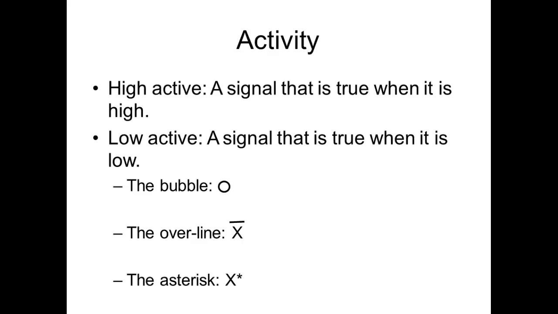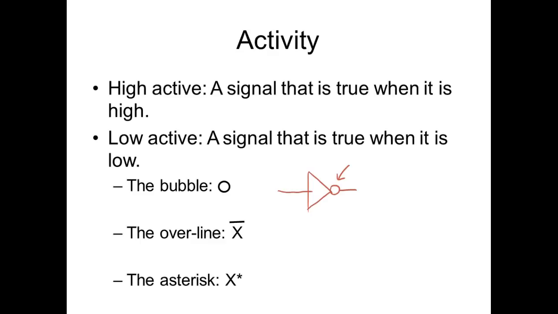On symbols, we use a bubble to represent a low active signal. So on our NOT gate, notice we have a bubble on the output. That means the input is true when it's high, and the output is true when it's low, right? Understand? So the bubble, to us, indicates a low active signal.